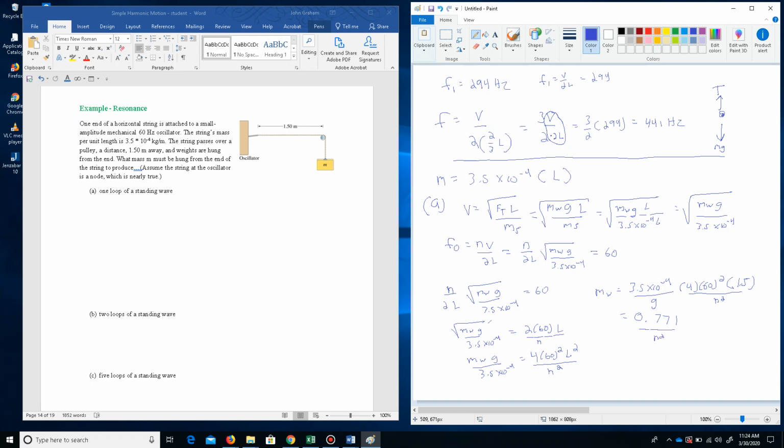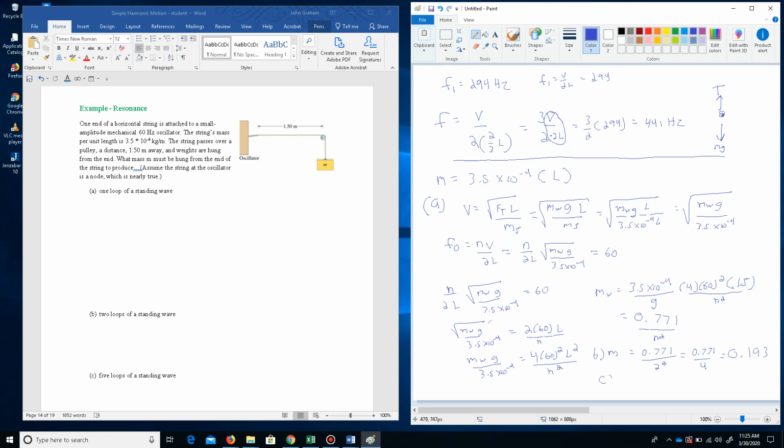So now to do part B, for that mass, we get 0.771 over 2 squared, 2 loops, 2 squared. So 0.771 over 4, which is 0.193.